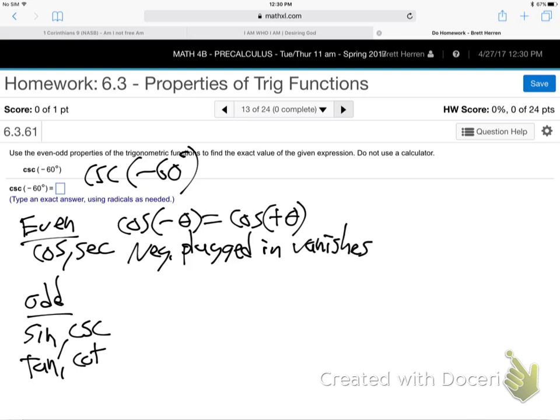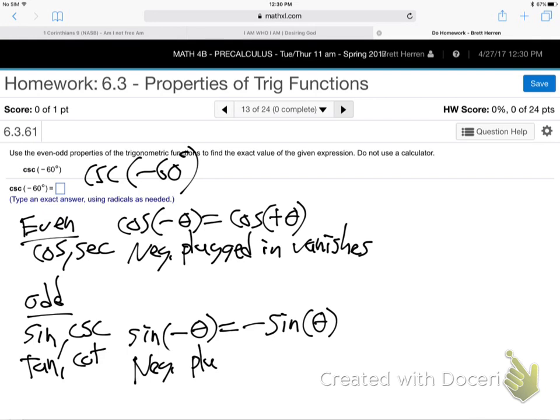Odd, like if you take the sine of a negative angle, that negative will come to the front. It won't vanish, it'll come to the front. Odd: negative plugged in comes to the front. That's the difference between an even and odd function.